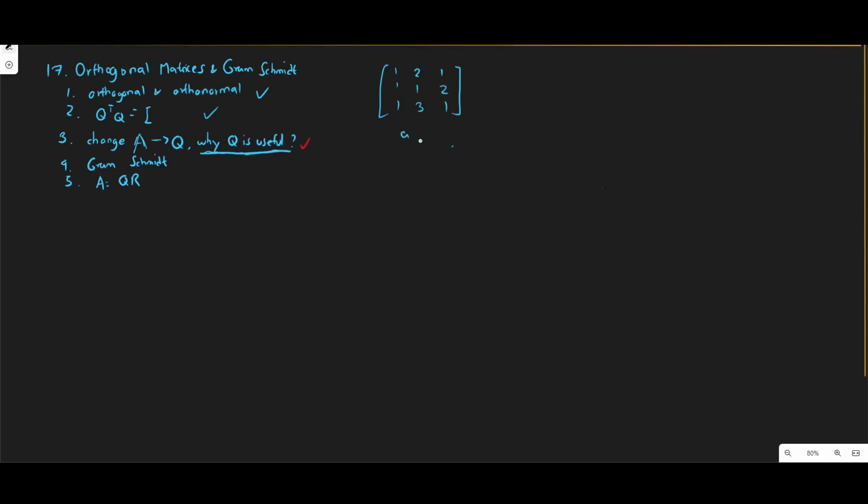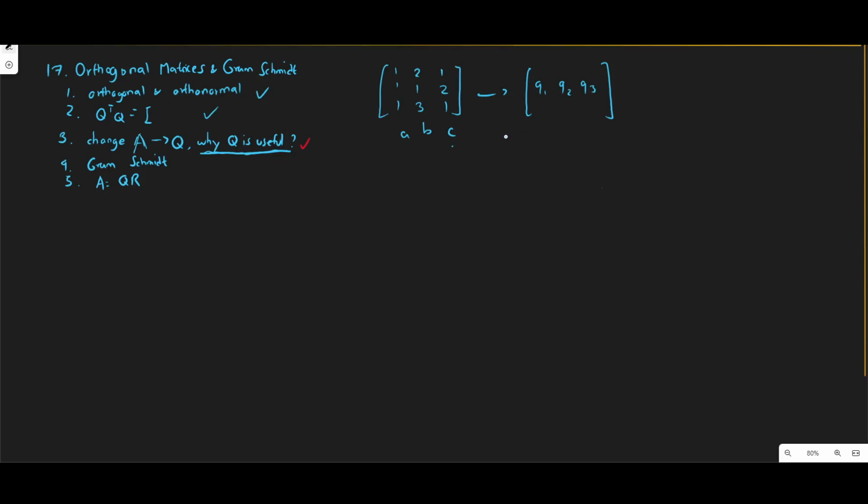Let's name them a, b, and c, and from them you can come up with orthogonal vectors, and even more, the orthonormal ones, because once you get the orthogonal ones, you can just divide each by its length, and then you get the unit vector.